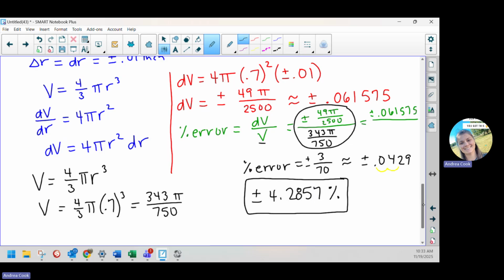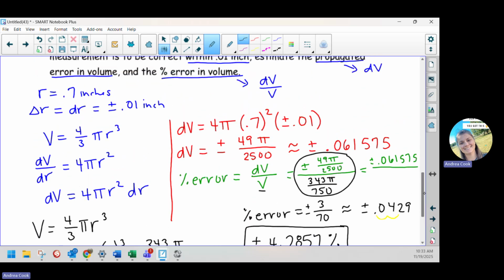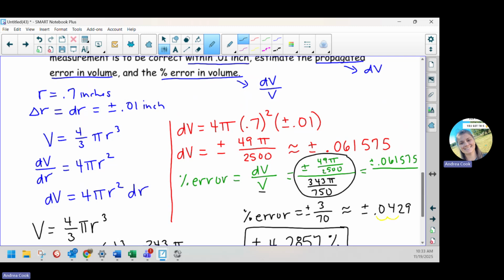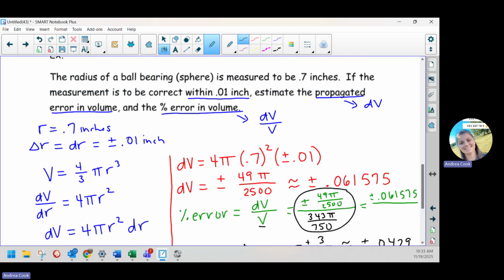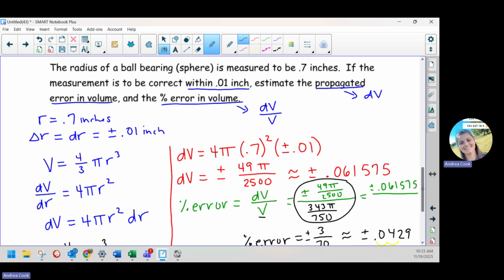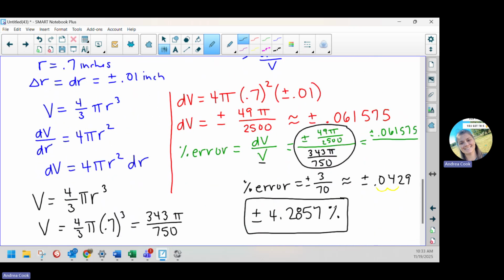All right, so what does all this mean? If you think about a sphere, if a machine is building a sphere and there's some error involved, sometimes the spheres come out exactly with a radius of 0.7 inches. Sometimes they come out with a radius of 0.701 inch. So what we just found is the percent that the volume could be off.